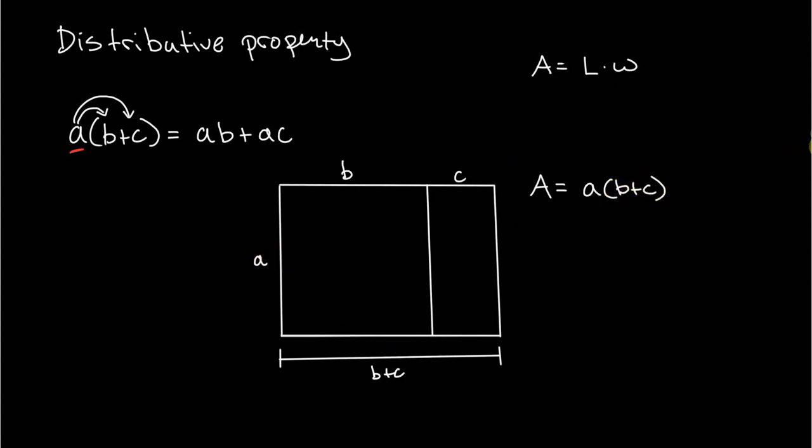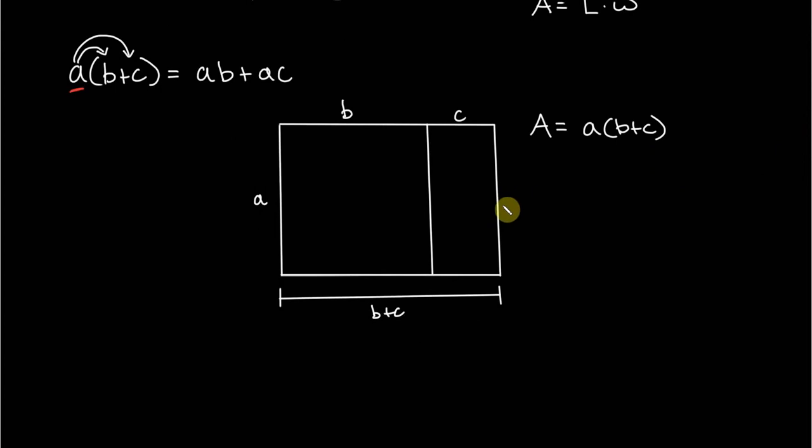We could also add the two areas of the smaller rectangles together. So A times B. Maybe I'll use a color here. Area A for this smaller rectangle would be A times B, and that would be the area here.